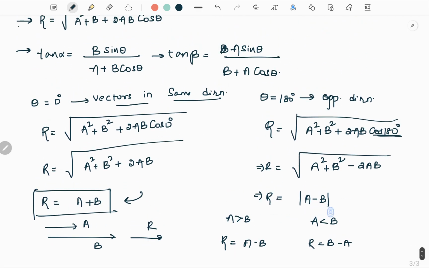But if you have two vectors in opposite directions, let's say a is in this direction, b is in the opposite direction, and in this example b is greater than a, the resultant would be along the direction of the vector of the larger magnitude. As b has larger magnitude than a, the resultant would definitely be along the direction of b.